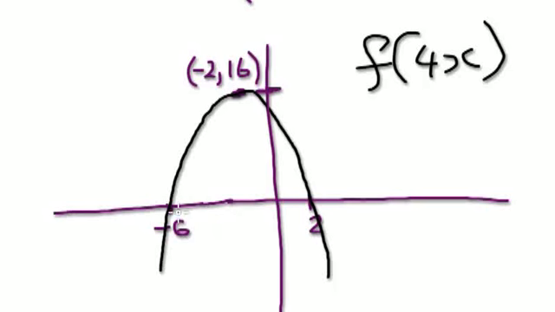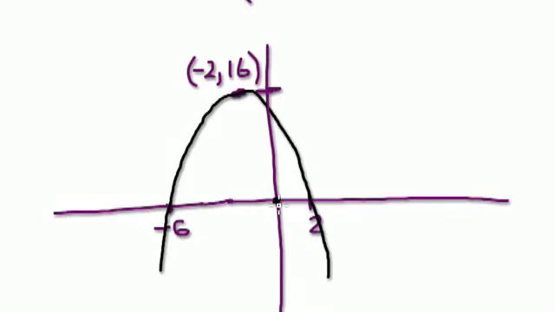So from here to here is 6, and I have to move this point here to here, because it's getting squashed by a factor of 4. On the right hand side, looking at this distance here, I would split this into 4 equal parts, and then I would need to move this point to here. That will give me the graph of the new function.